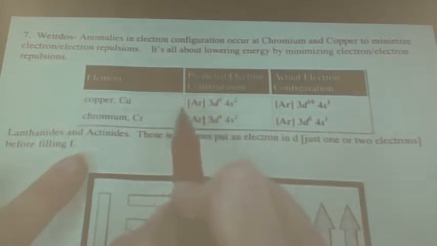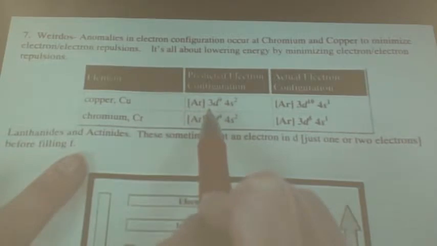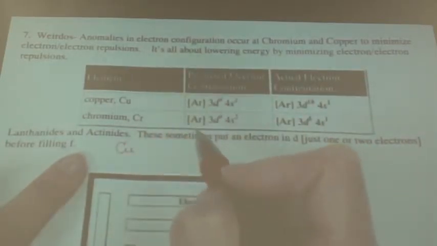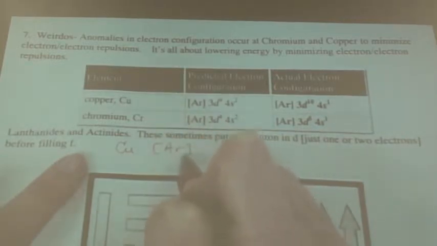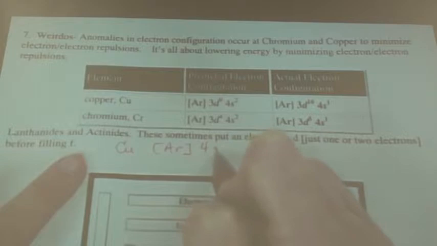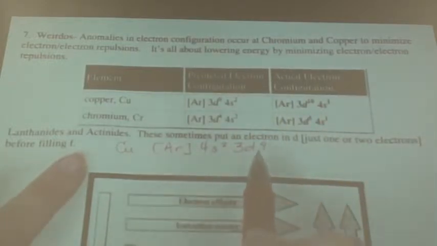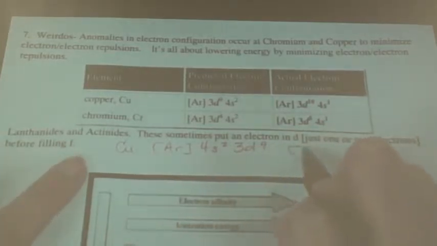There is this style, which we don't use much, and that is just in order of energy level. We like to use in order of filling. So we would write copper as argon, expectedly, 4s2 fills before the 3d9. That's what you would expect the electron configuration to be. Turns out the electron configuration is 4s1.